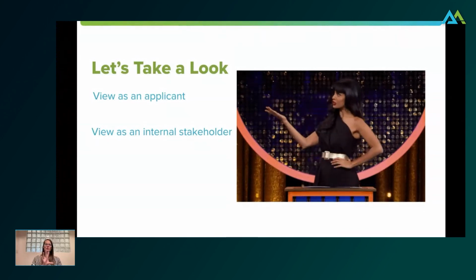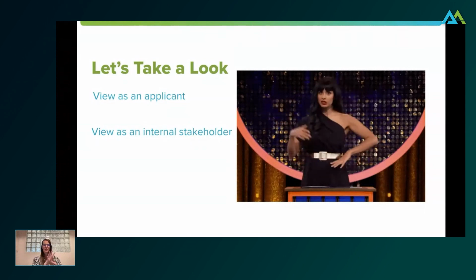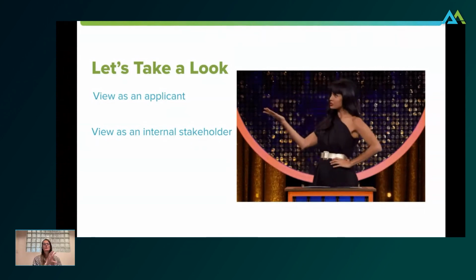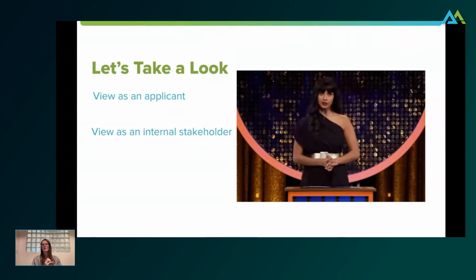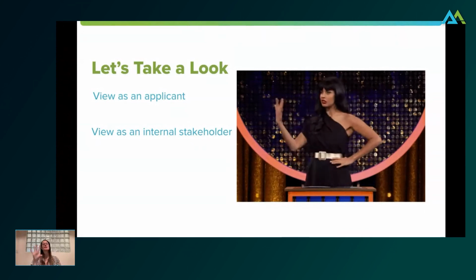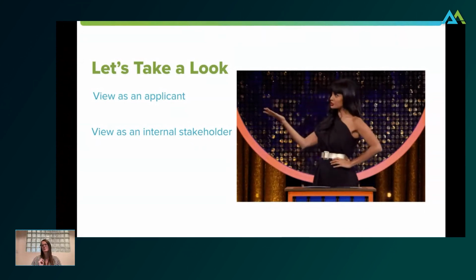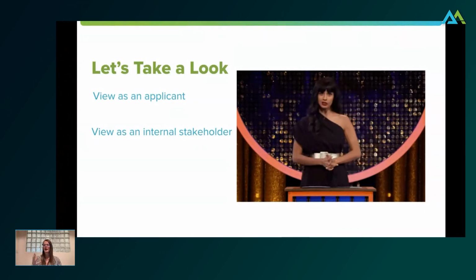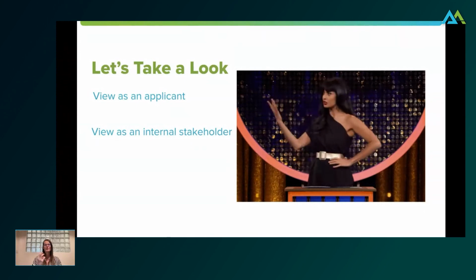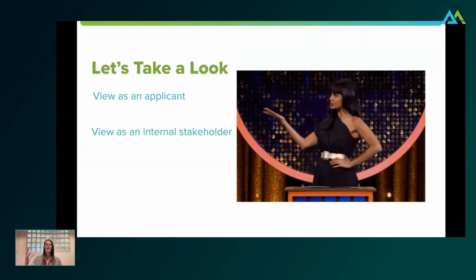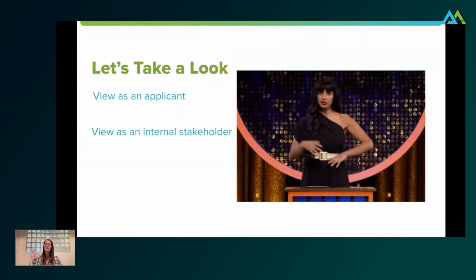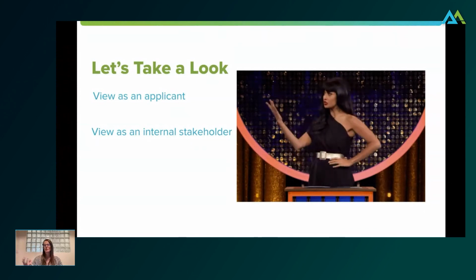So if you want to continue to receive applications in another system and you need to manually input them, you can still input them and then let the rest of your automations run in HubSpot. Just because there's not an API to bring in the information from a platform that might not allow that information to come out, you can still bring those applicants in and run them through a process.